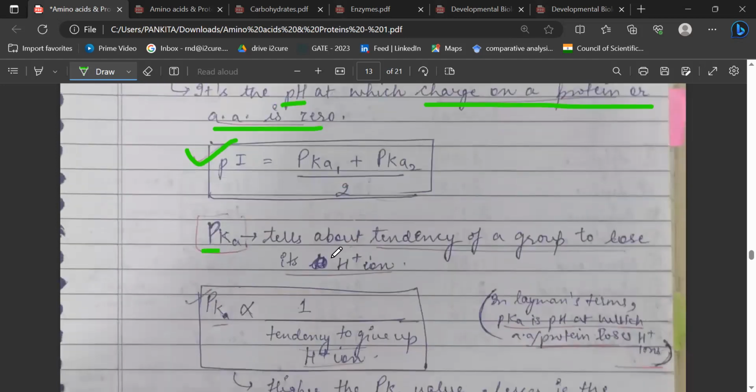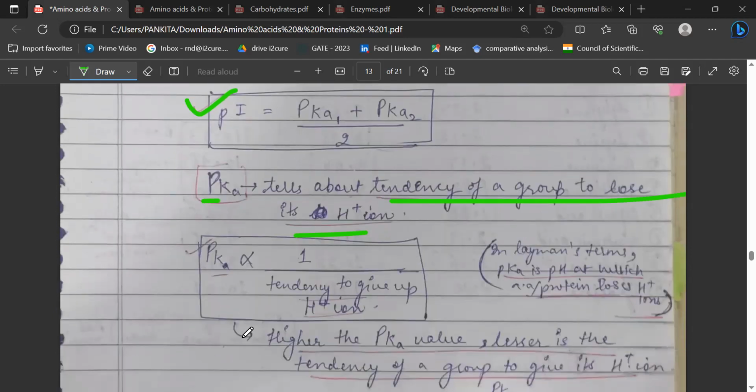And what's pKa? pKa is basically related to the tendency of a group to lose protons or H positive ions, and it's important to mention that the pKa value is inversely proportional to the tendency of any group to give up H positive ions.